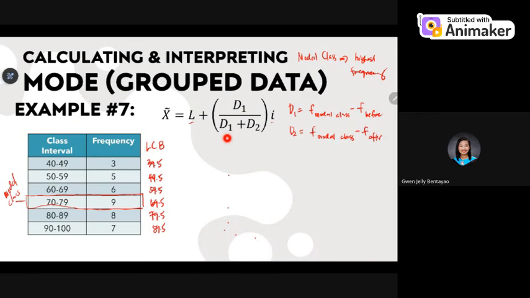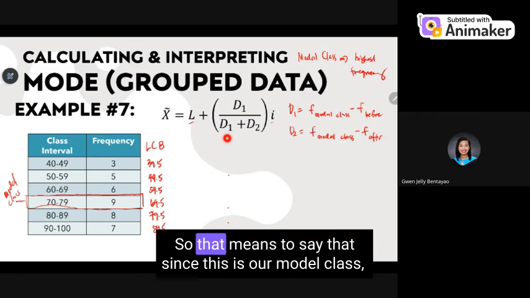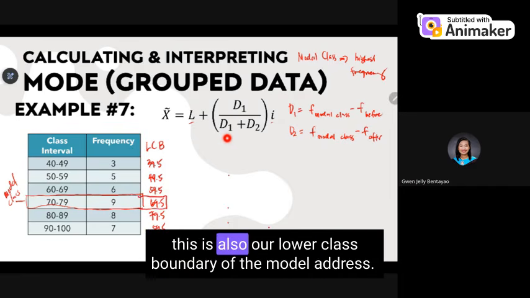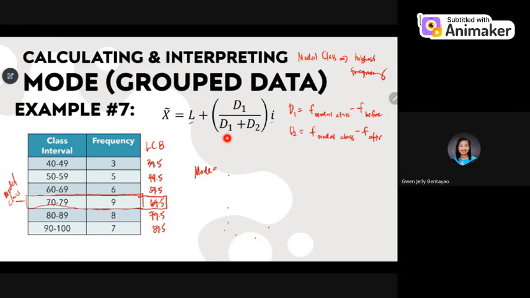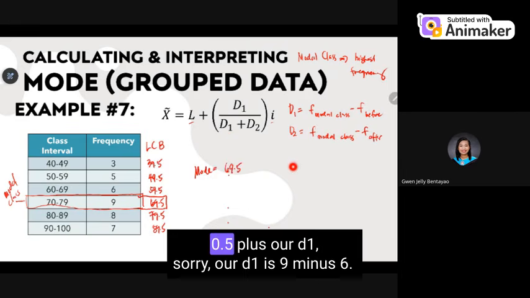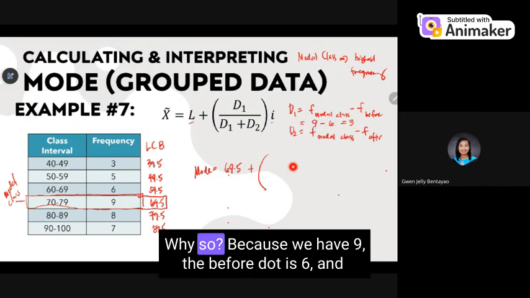That means since this is our modal class, this is also our lower class boundary of the modal class. So our mode will be computed as 69.5 plus our D1, which is 9 minus 6. Why so? Because we have 9, and before that is 6.